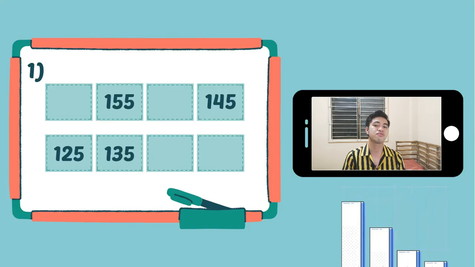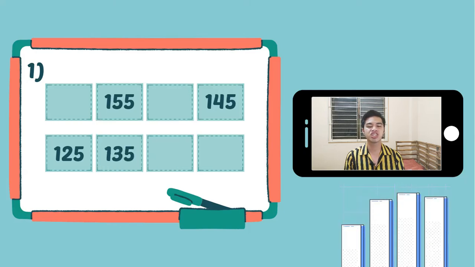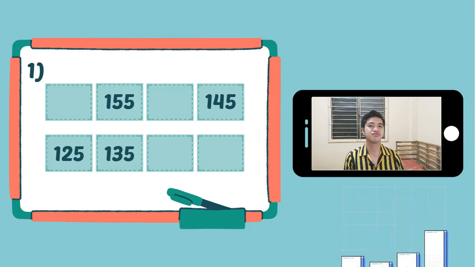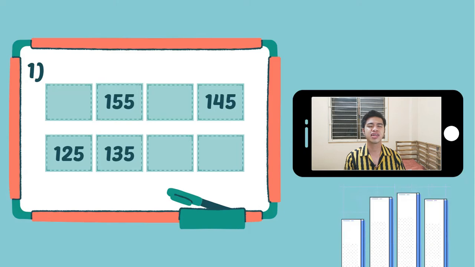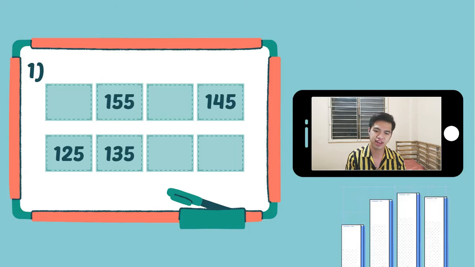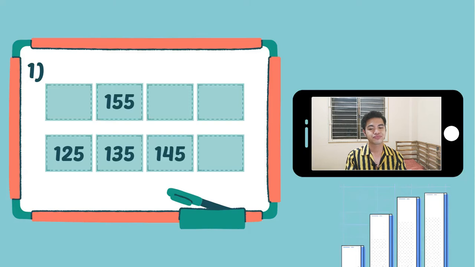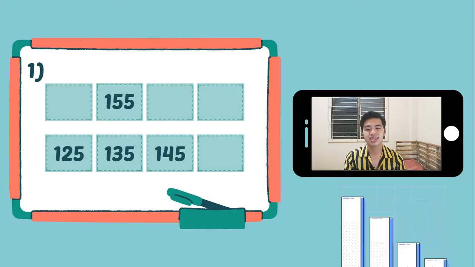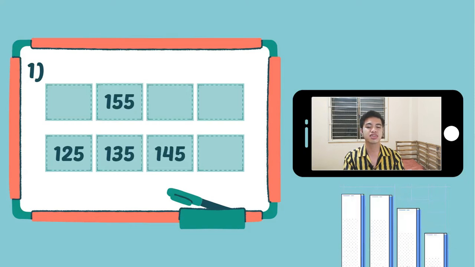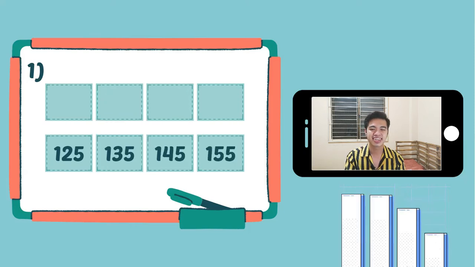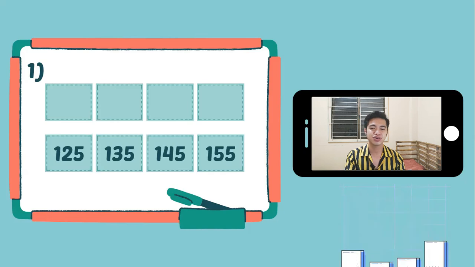Since we only have two numbers left, 155 and 145, we will decide which of them is the smaller one. Here, I think the smaller number is 145. So we will put it down, and then since 155 is the only one remaining, we are just going to put it on the last part, okay? So that is how to do it.